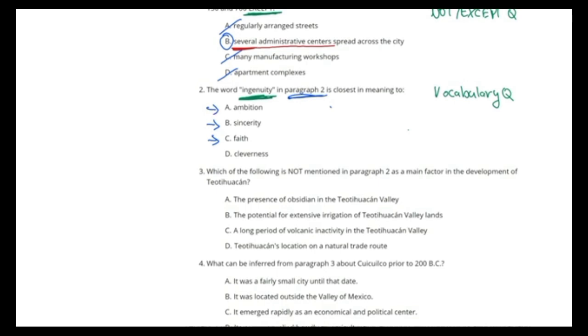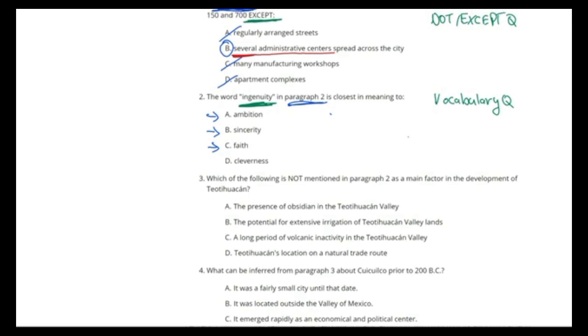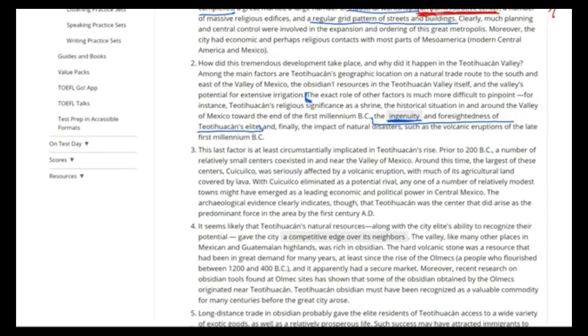Perhaps he contributes to development, so could be the case. But what fits best in this context is cleverness, okay? And cleverness is the correct answer, and that's what they are talking about here. They talk about the cleverness and the foresightedness of the elite that contributed to the development happening in this valley.